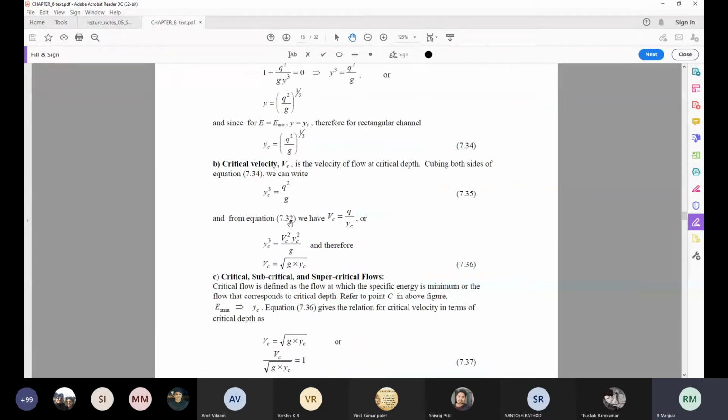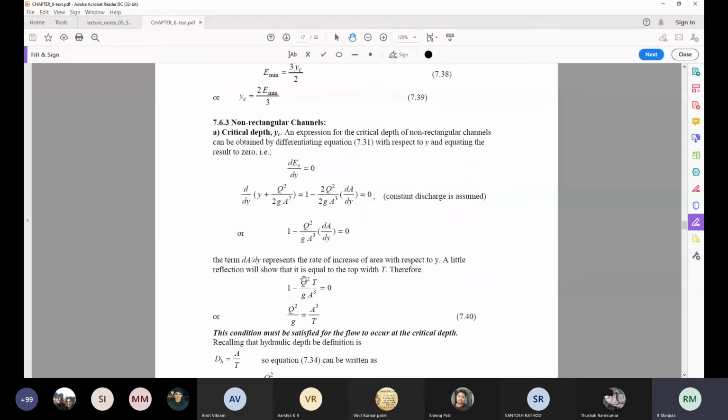So now here it is a non-rectangular channel. y is the potential energy, and the kinetic head is Q square by 2g A square. Now this can be rewritten by differentiating with respect to y. dy by dy is 1 minus, and because only A is in terms of y, I am writing minus A cube.